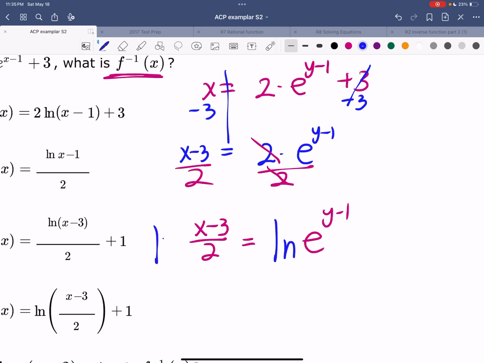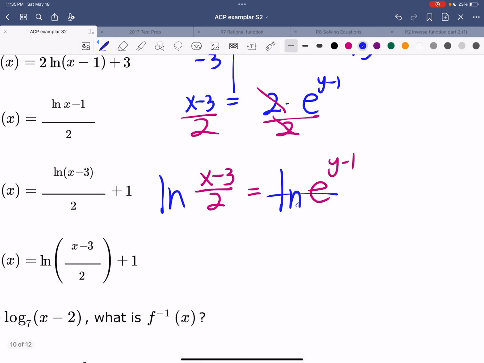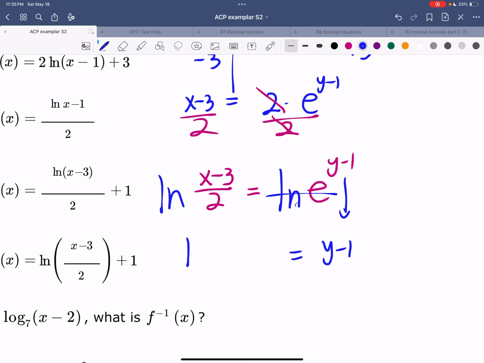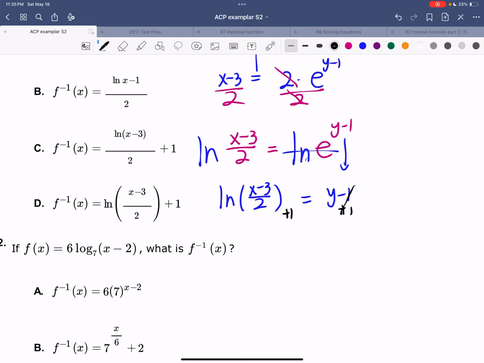Natural log, both sides, because there's a hidden e in the natural log. So that disappears. So I have y minus 1 equals natural log of x minus 3 over 2. And what you have to do at the end is just do plus 1 both sides. So you get natural log of x minus 3 over 2 plus 1 equals y. So the answer is going to be D.